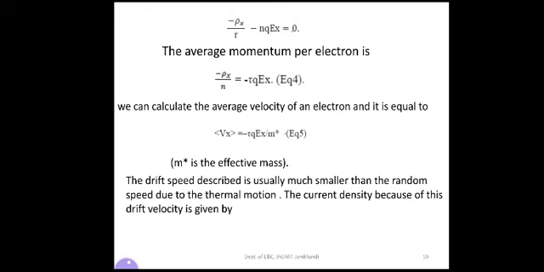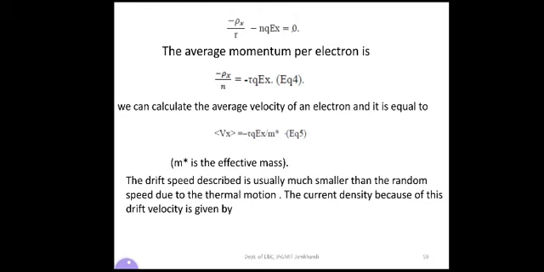Actually the individual electron moves in many directions by thermal motion during a given time period. As we know, the individual electron can move in any given direction or in multiple directions by thermal motion for the given period of time.